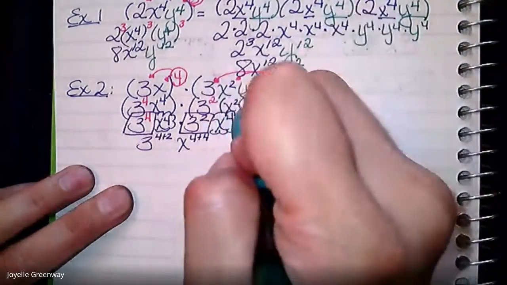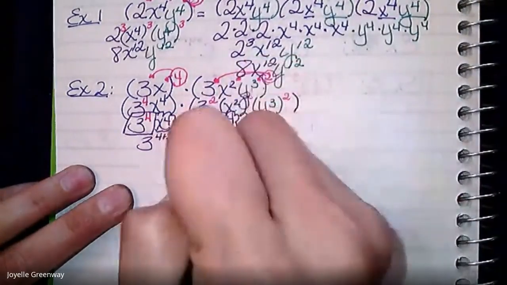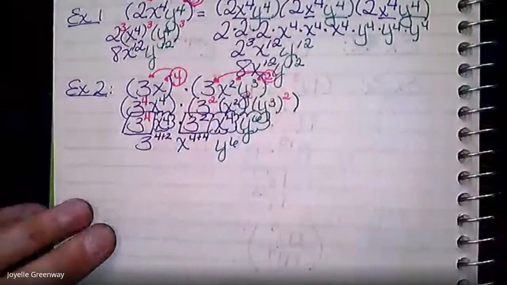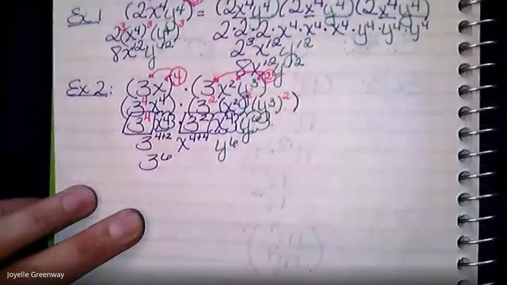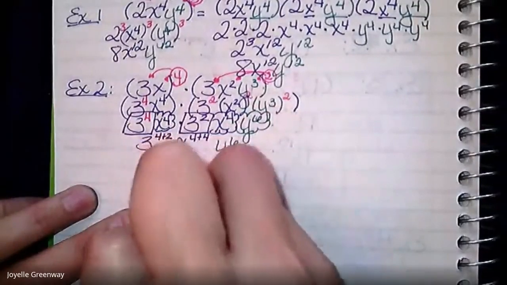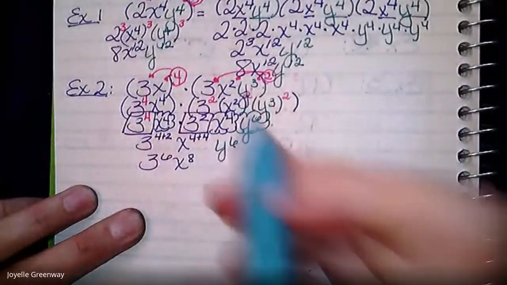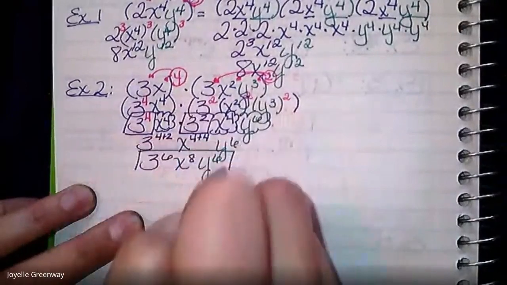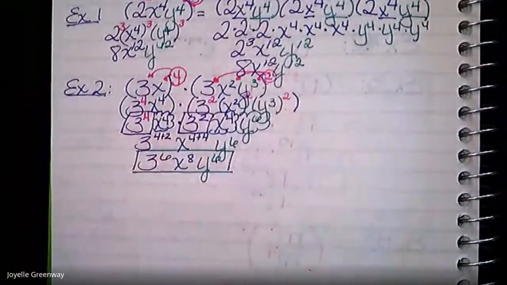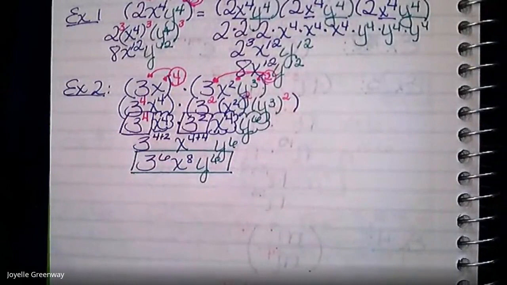And then we just have y to the 6th. So your final answer is 3 to the 6th, x to the 8th, y to the 6th. All right, so take one step at a time and just keep simplifying.